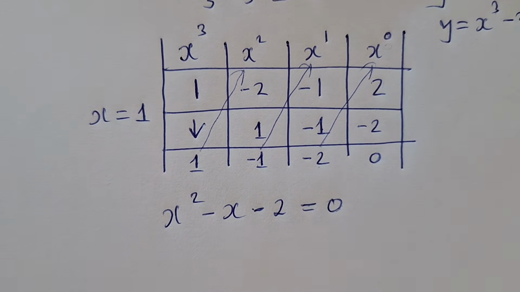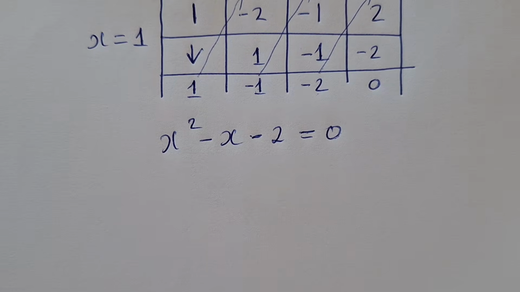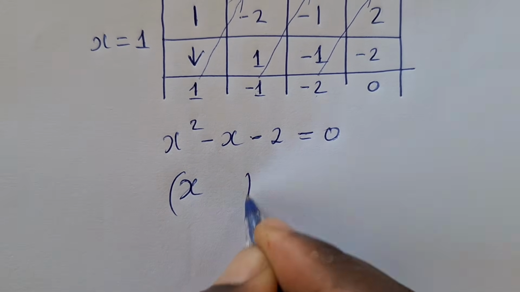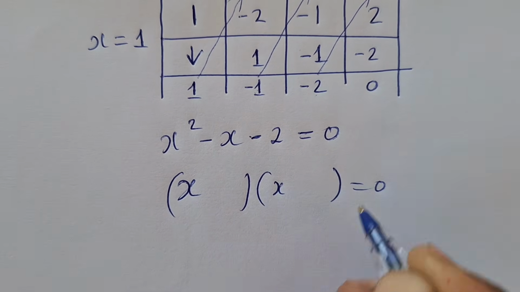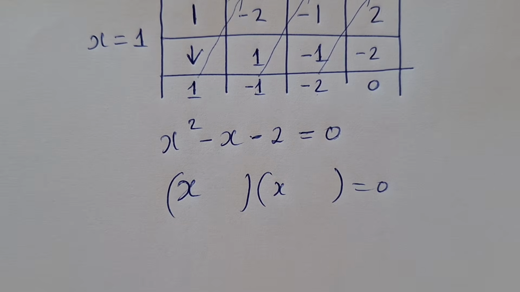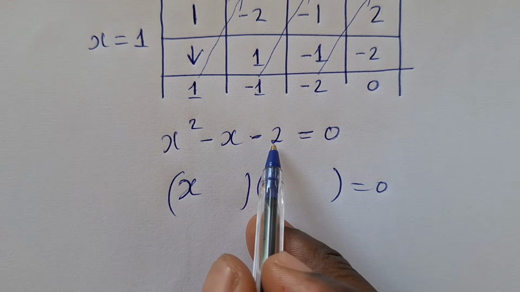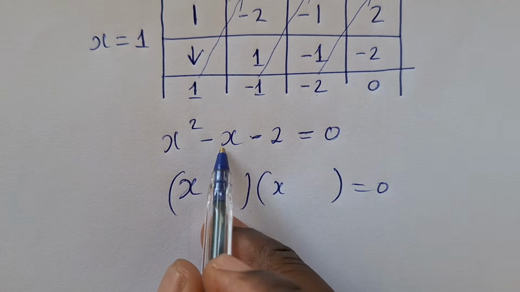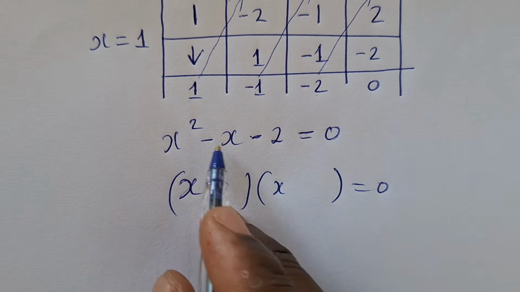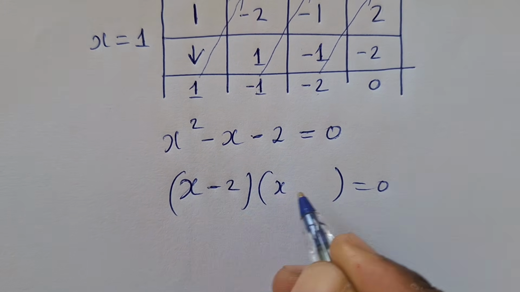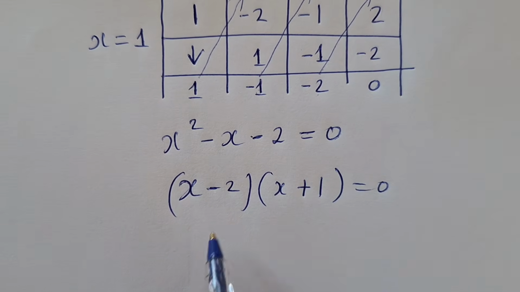So we've got this quadratic equation. We solve it. We can write it equal to 0. Think of two numbers such that when you multiply them, they give us -2, and when we add those same two numbers, they give us -1. So that is -2 and 1.